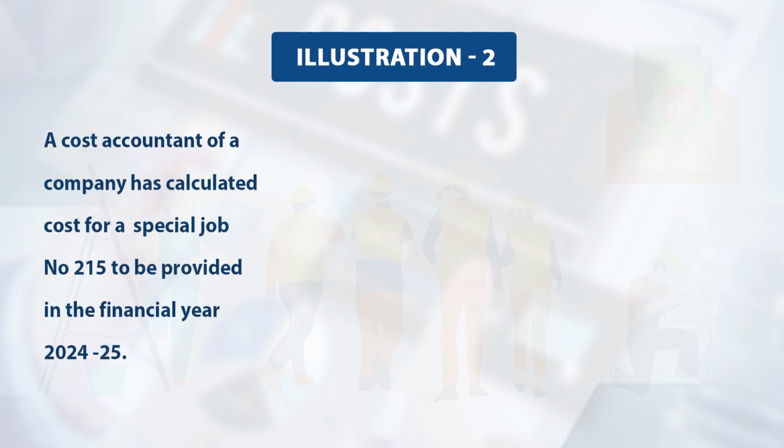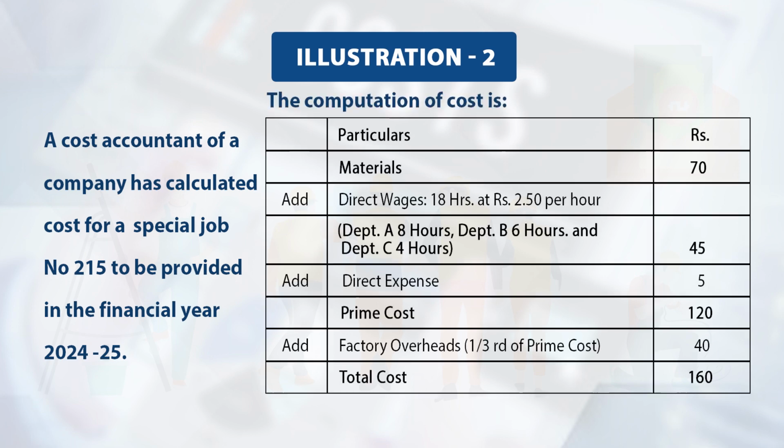Illustration number 2. A cost accountant of a company has calculated cost for a specific job number 215 to be provided in the financial year 2024-25. The computation of cost is material rupees 70, add direct wages 18 hours at the rate rupees 2.50 per hour.